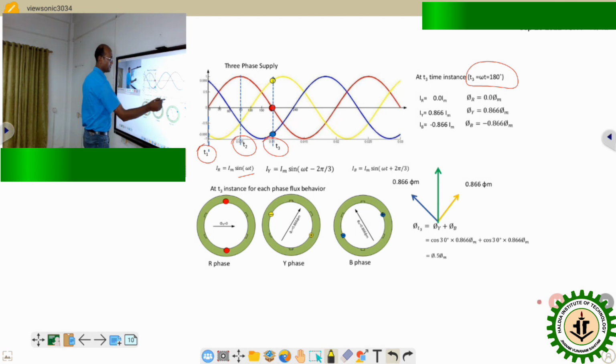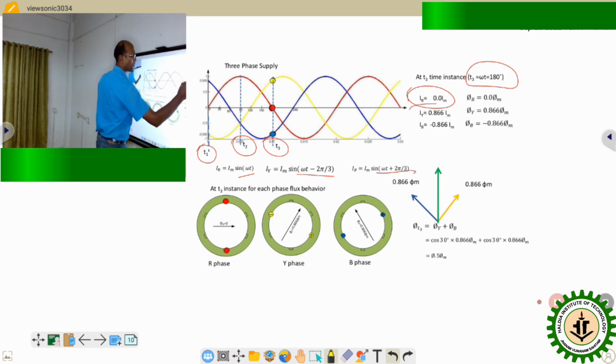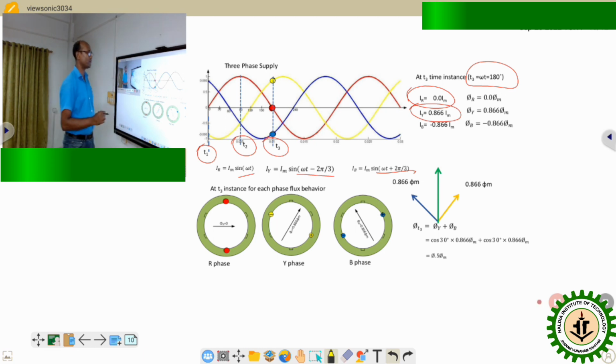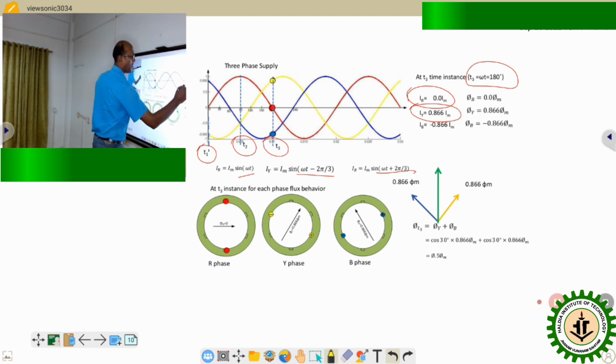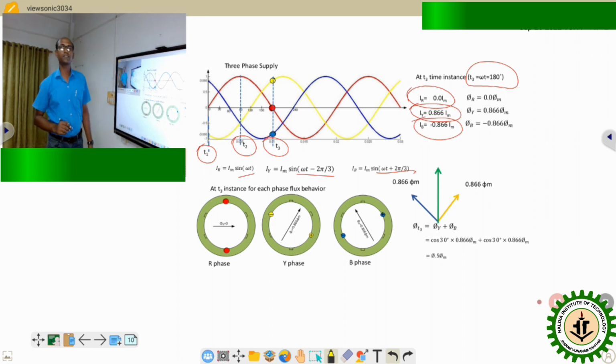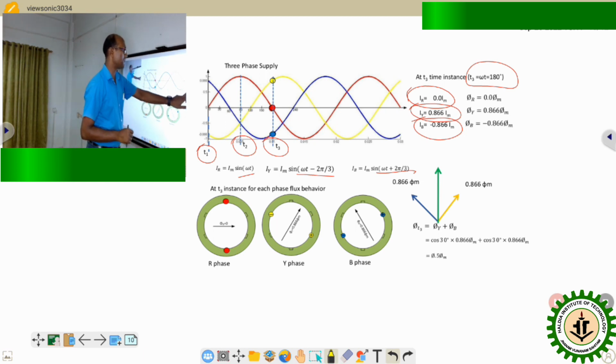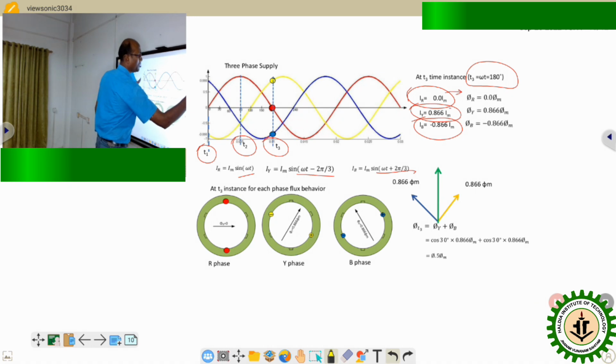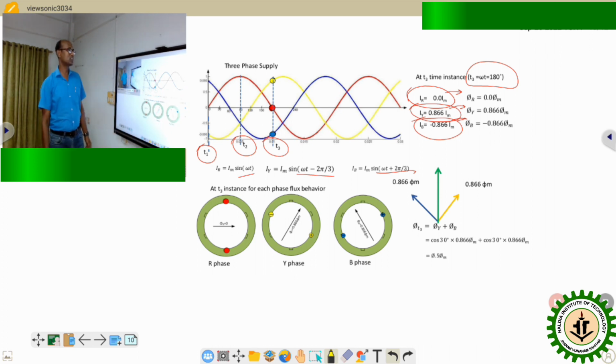Putting all these values in the expression, we find IR again becomes 0, IY becomes 0.866 Im, the maximum value of current, and IB is again minus 0.866 Im. Here again we get a minus, but the other two are plus. So their contributions are Im for IR, IY and IB.